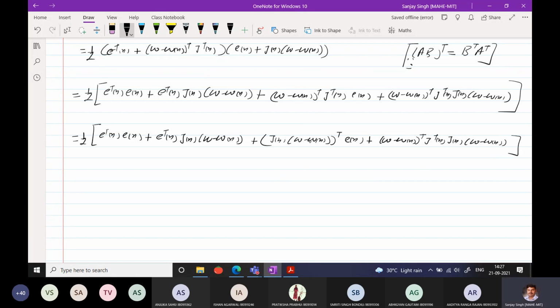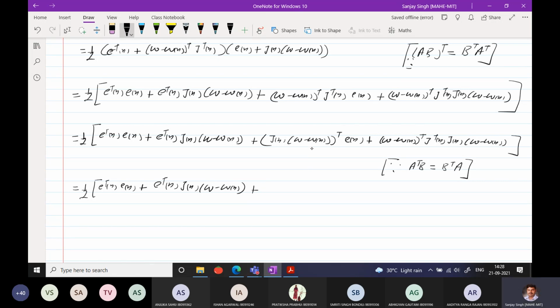Now, why did we do this? Because there is some sort of x^T in this one. Remember that I'm going to invoke one result: if there is A^T B, I can always write B^T A. Nobody can stop me from doing so. And why am I doing this? Because I can write it in this particular form so that these two things can be clubbed together and it is simplified further. So 1 by 2 E_n^T E_n plus E_n^T J_n (W minus W_n).